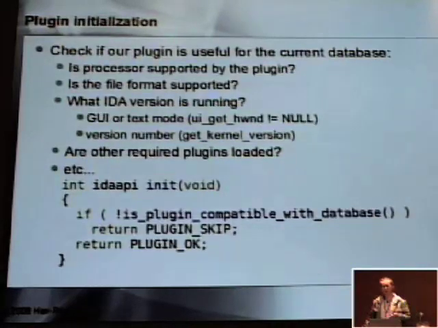The next question is about the file format, maybe you are interested in the text mode and other questions. But all this is optional. So we can say that in a very abstract way, the initialization function should check if the plugin is compatible with the current database, and if it's not, it should say no, I'm not going to work with the database. Otherwise, you say yes, I want to work with the database, and you return the OK code.